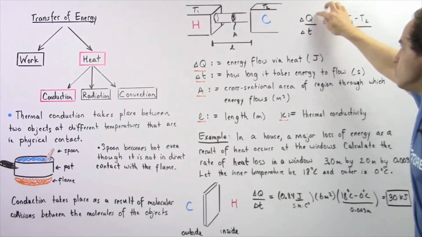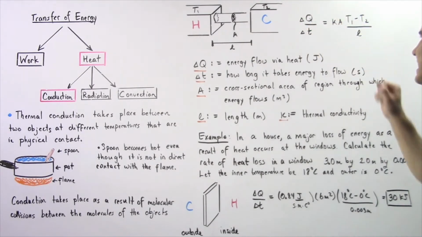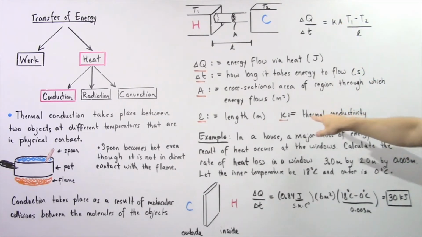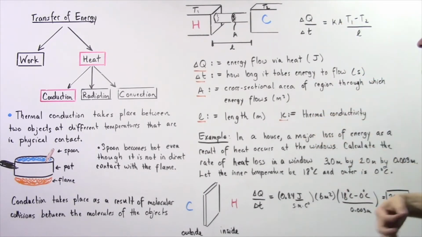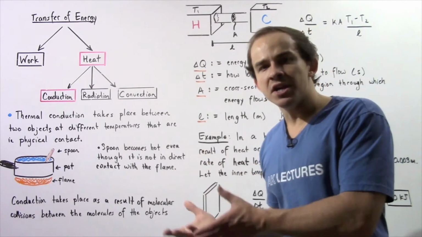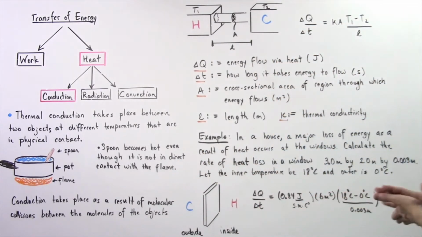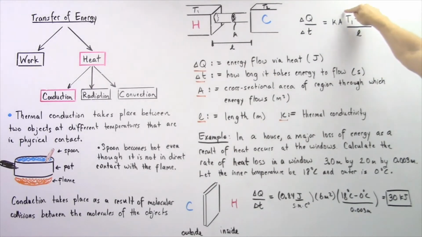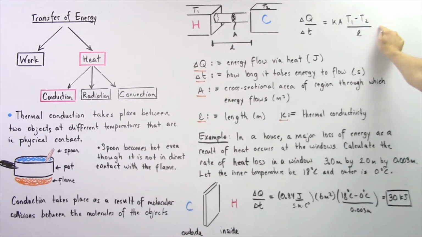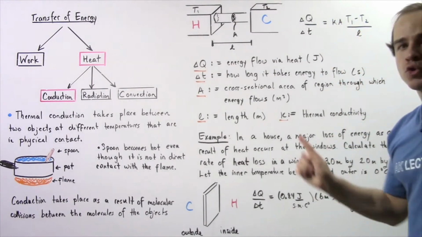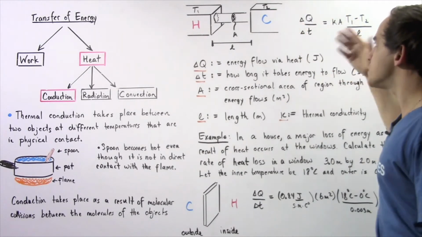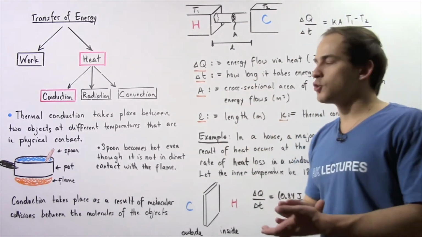So change in Q divided by change in t is equal to k multiplied by A multiplied by (T1 minus T2) divided by L, where k is the thermal conductivity, and it depends on the type of material, the type of object that we're using. So notice if our A increases, then the quantity of energy that flows per unit time also increases.